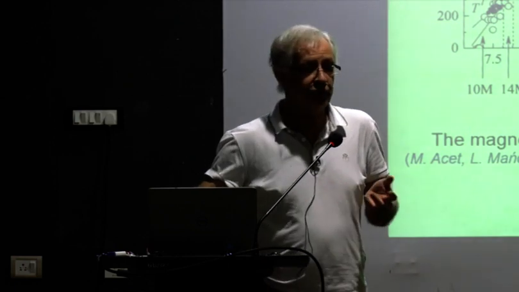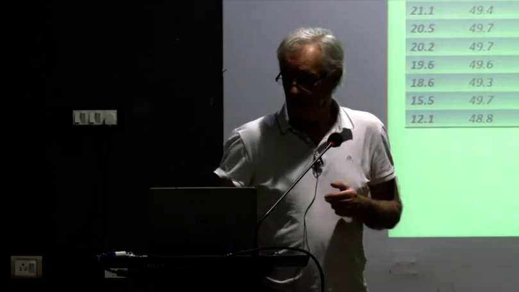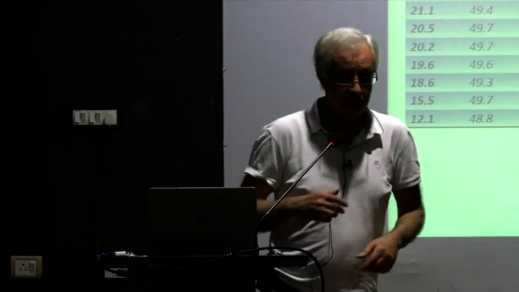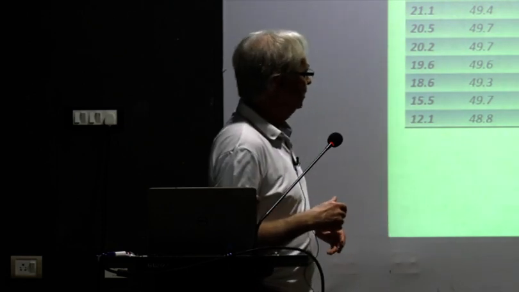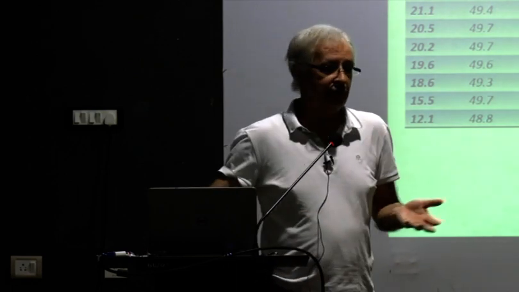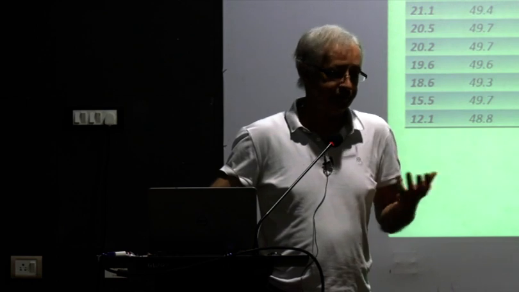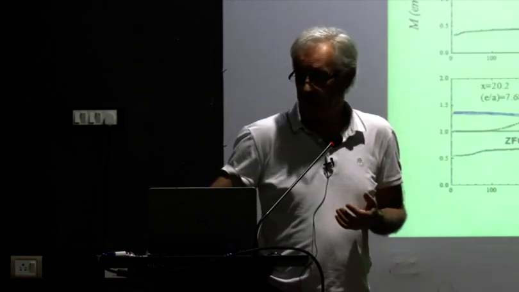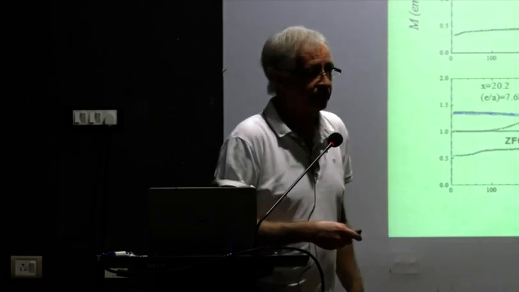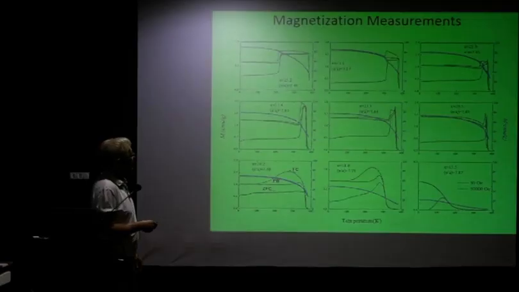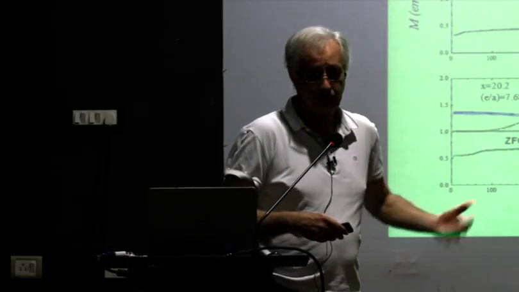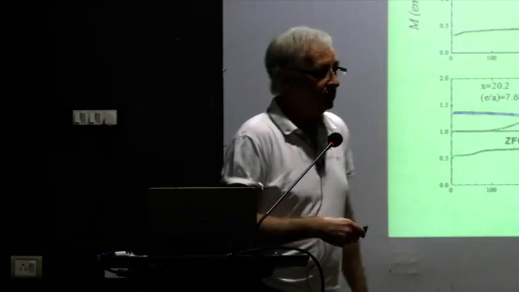So to do this, of course, you need a whole lot of samples. So you make a whole lot of samples, first of all, in the ranges that you want to study. And then you look at your magnetization data. You measure the magnetization. That's the easiest thing to do, quick enough. And then you have magnetization of all sorts of data. Now, this is done for nickel, manganese, gallium. I'm giving you this example because it's the most common of all.